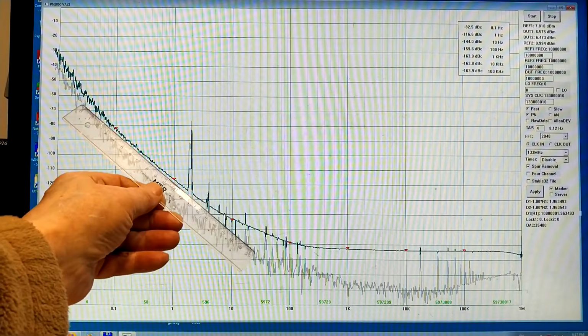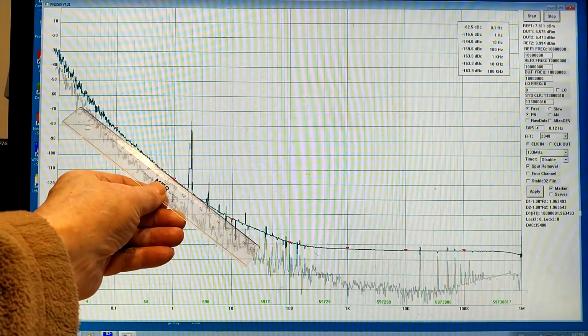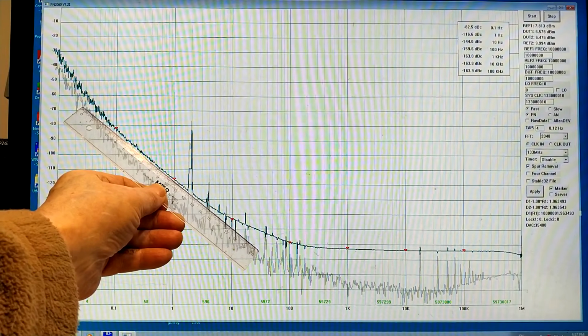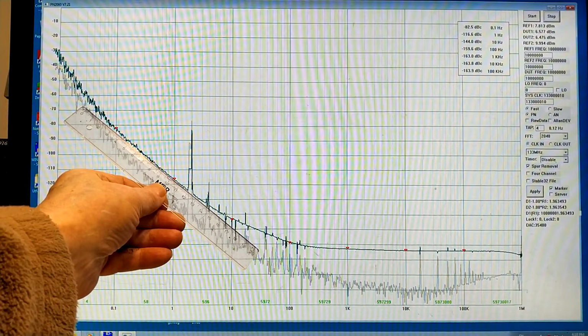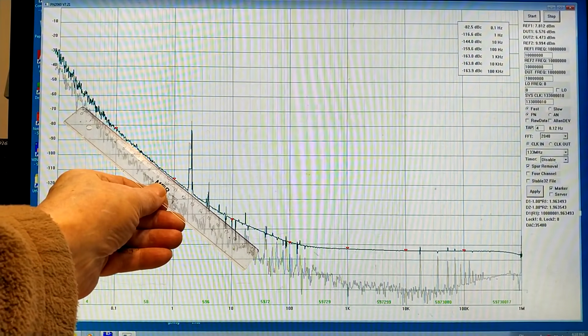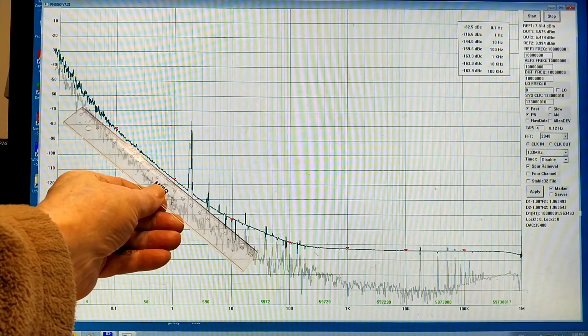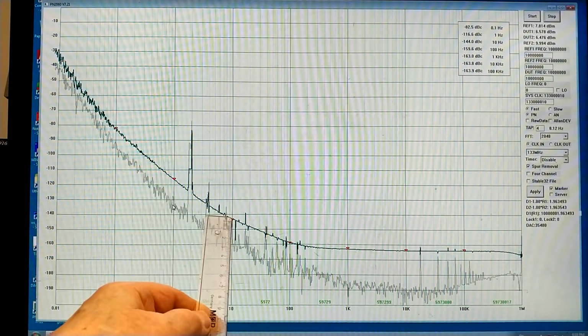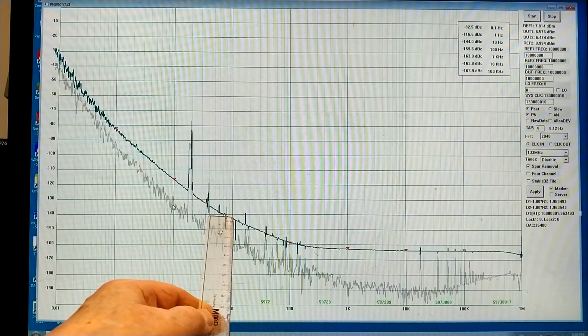Now, at this point, the slope is 30 decibels per decade, and that originates in the flicker noise of the amplifier. So I could say that I want the noise at 10 Hz to go down by 20 decibels.